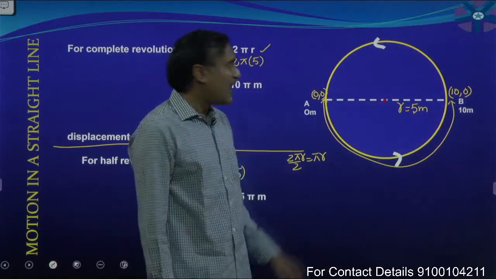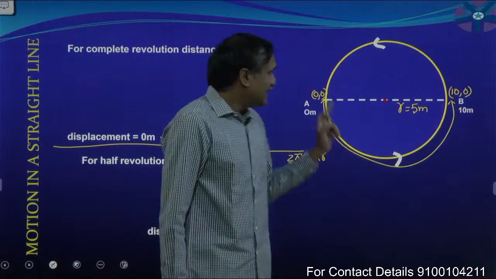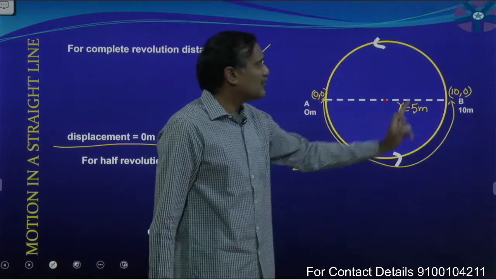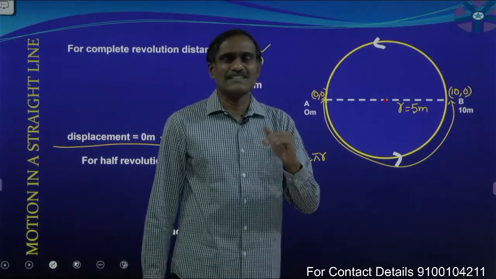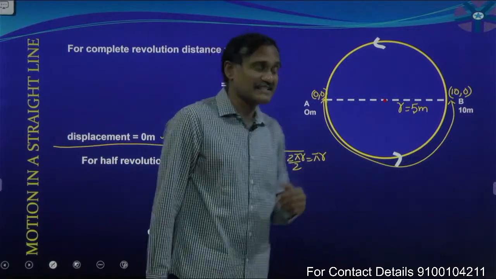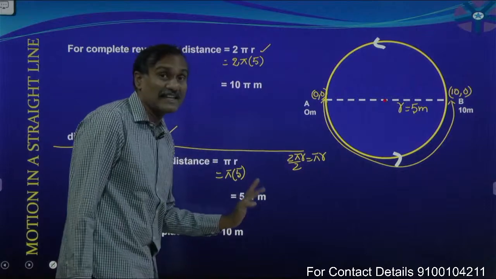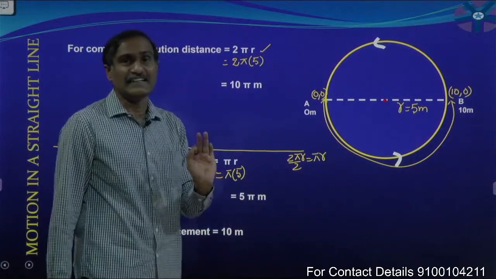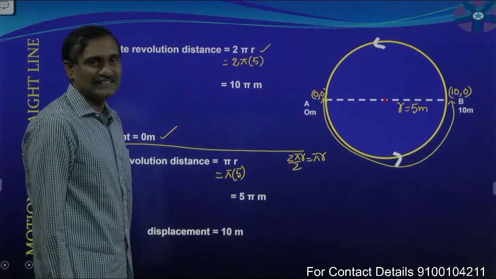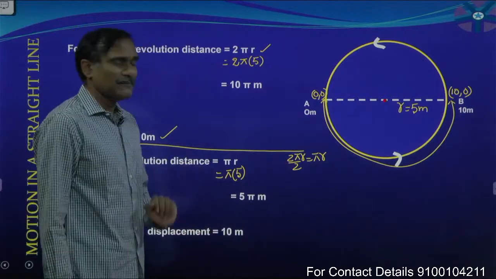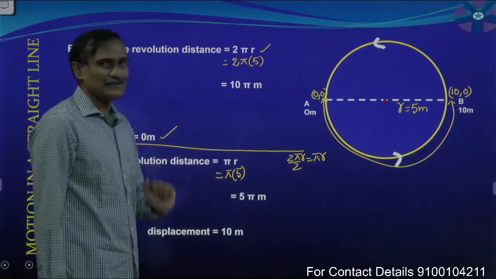That means initial position 0, final position 10. Now what is the difference? Final position minus initial position, 10 minus 0, becomes 10 meters. Displacement is 10 meters. Distance is 5 pi meters for half revolution.